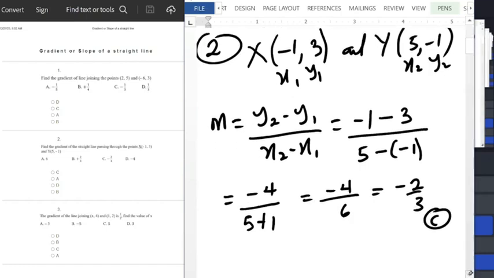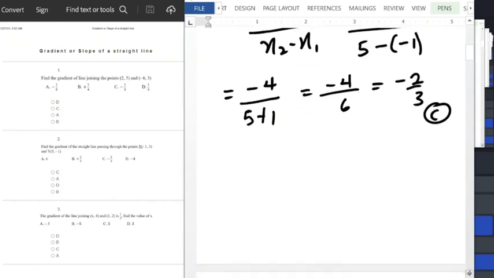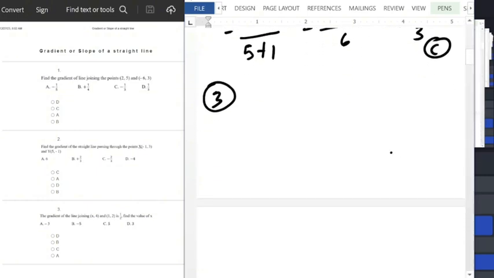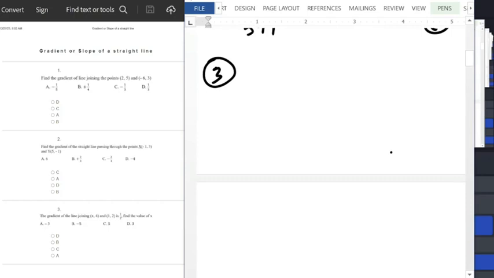So the next one, which is question number 3. The gradient of a line joining the points (x, 4) and (1, 2) is 1 over 2. Find the value of x. So here we've been given the gradient m as 1 over 2.